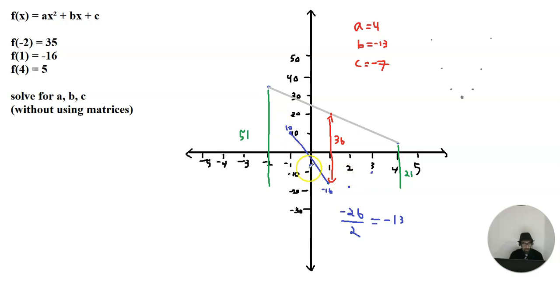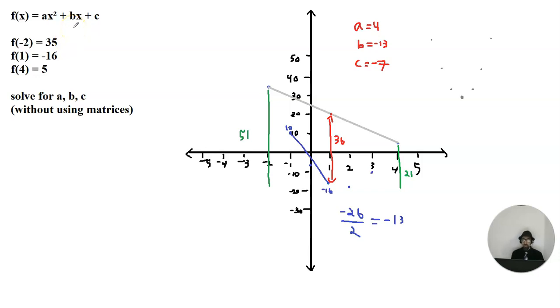Plot the intermediate points. Find what f of 0 would be. That'll get you your c. And then compare f of 1 to f of negative 1, right? You need 2 points that are symmetric around x equals 0. Get the slope of the secant line there, and that'll get you your b.